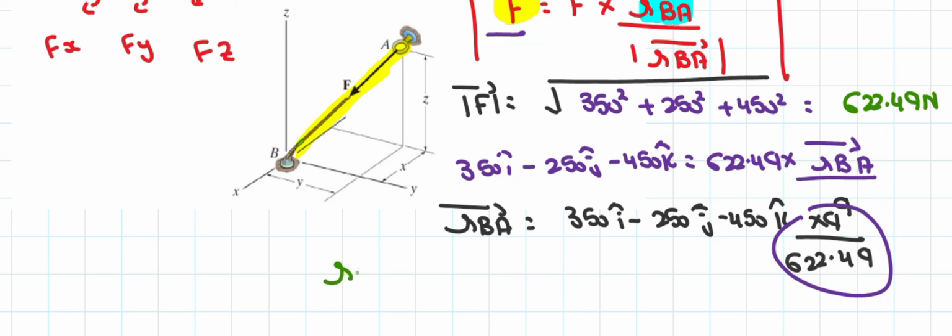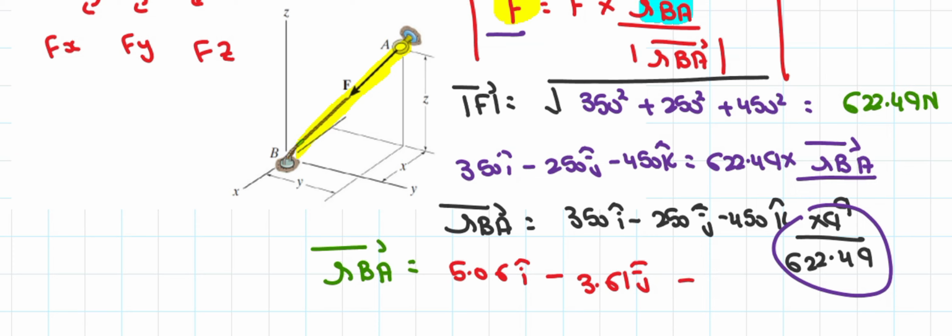So we get r_BA equal to 350 into 9 divided by 622.49, which gives 5.06i. Similarly, with negative sign, 250 into 9 divided by 622.49, so you will get 3.61j.